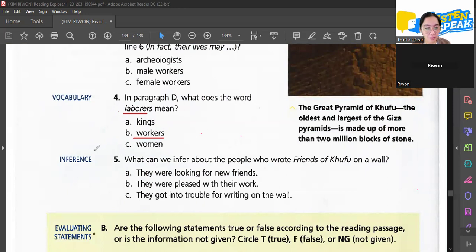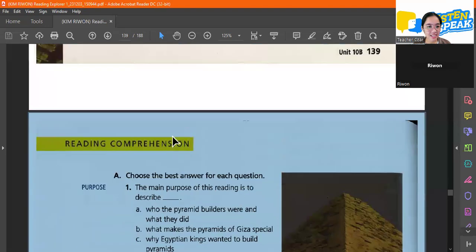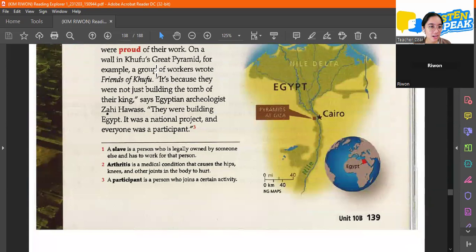Okay. How about number 5? What can be inferred about the people who wrote Friends of Khufu on the wall? They got into trouble for writing on the wall. Okay, look at this one. The Friends of Khufu.